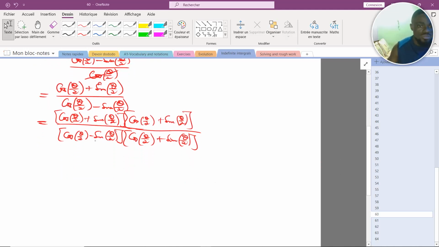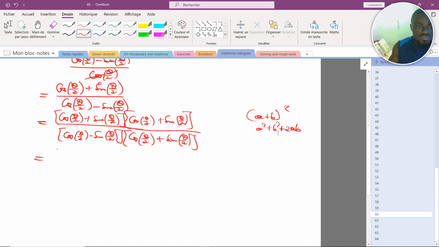Now I'll develop it. When I multiply this, it's like I'm doing a plus b squared, which is a squared plus b squared plus 2ab.